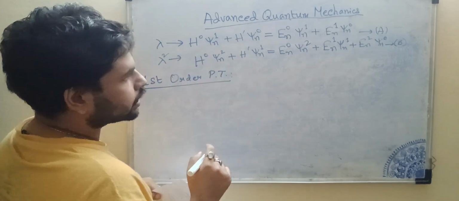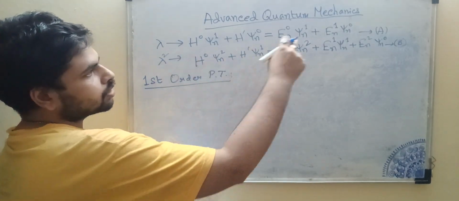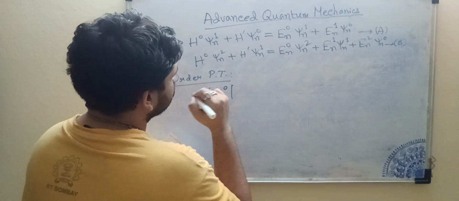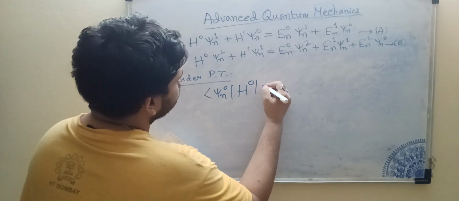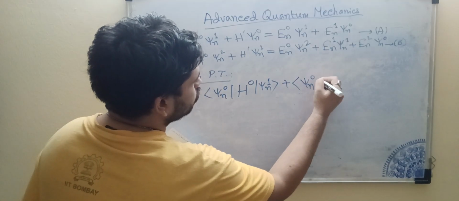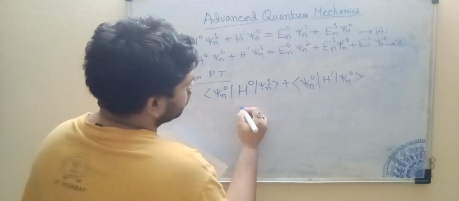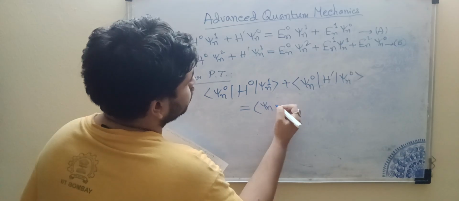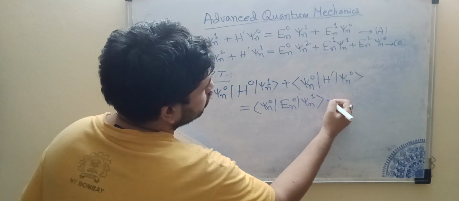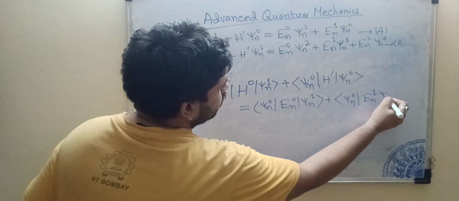So from equation A, if we do an inner product with psi n0, the bra, and the corresponding ket here, and here also psi n0 bra H prime psi n0 ket, and correspondingly we get on the right hand side psi n0 En0 psi n1 plus psi n0 En1 psi n0.